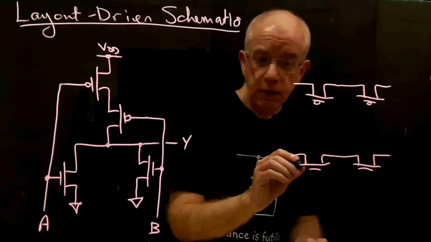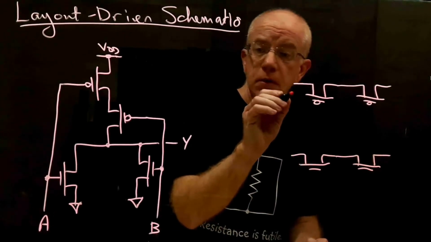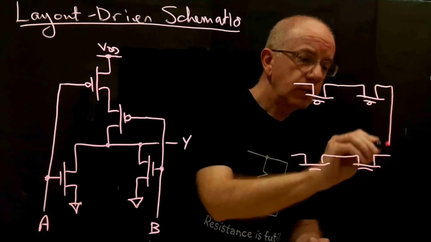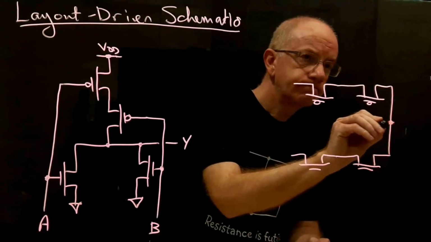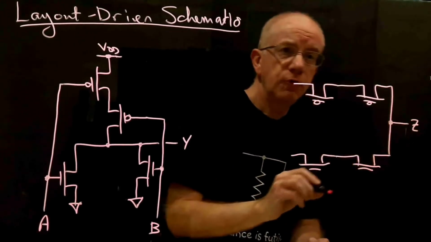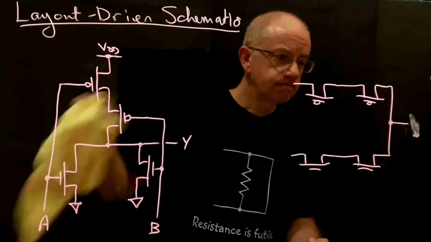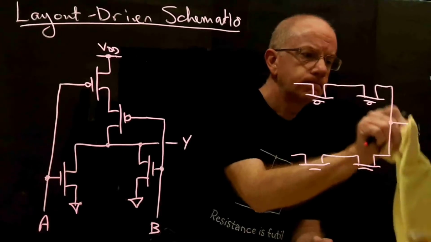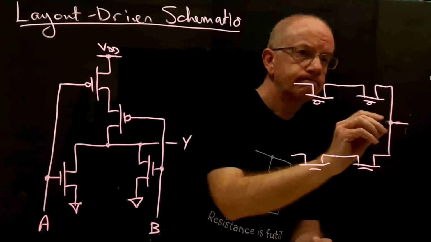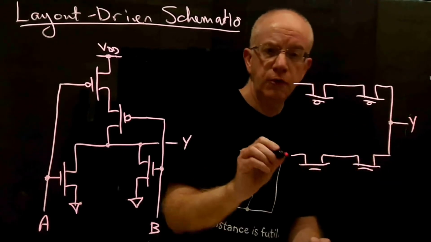And then my output, the output of my gate, is going to be over here. Z, actually no, it was Y. Like so.